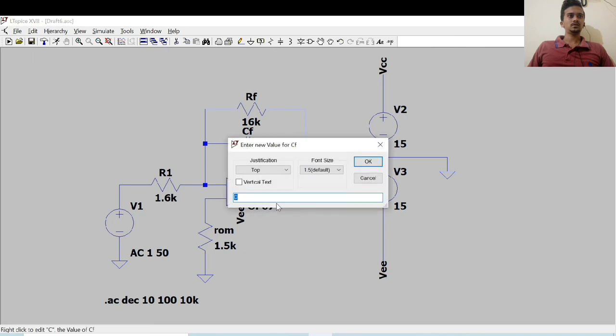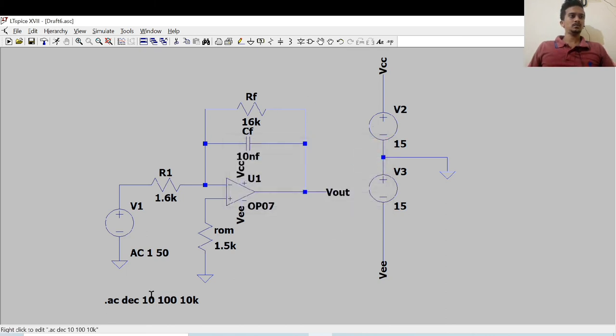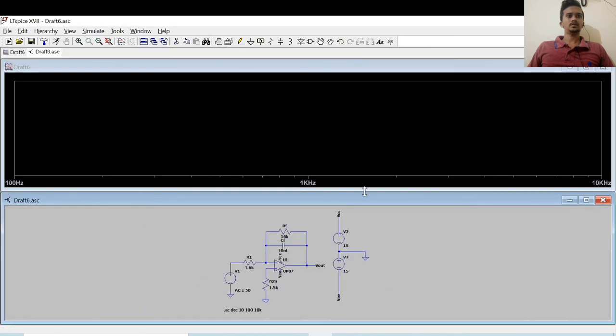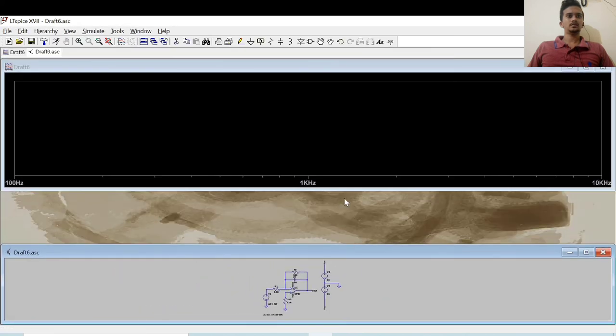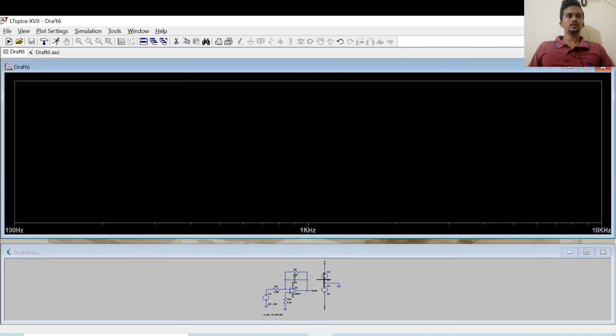So this is 10 nanofarad. Let's simulate it and see whether we get the response, and we want the output.